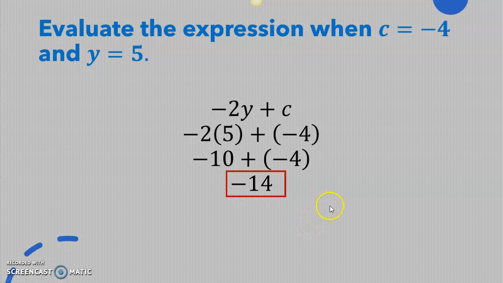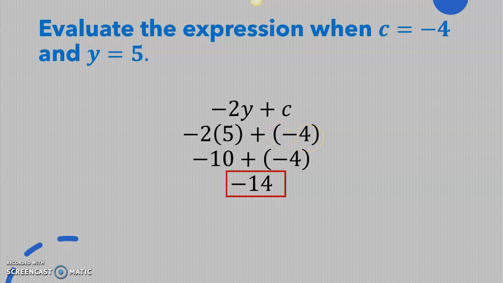Here, we are to evaluate the expression when c is equal to negative 4 and y is equal to 5. So everywhere that we have a c, we'll plug in negative 4. Everywhere that we have a y, we'll plug in 5. So that would give us negative 2 times 5 plus negative 4.